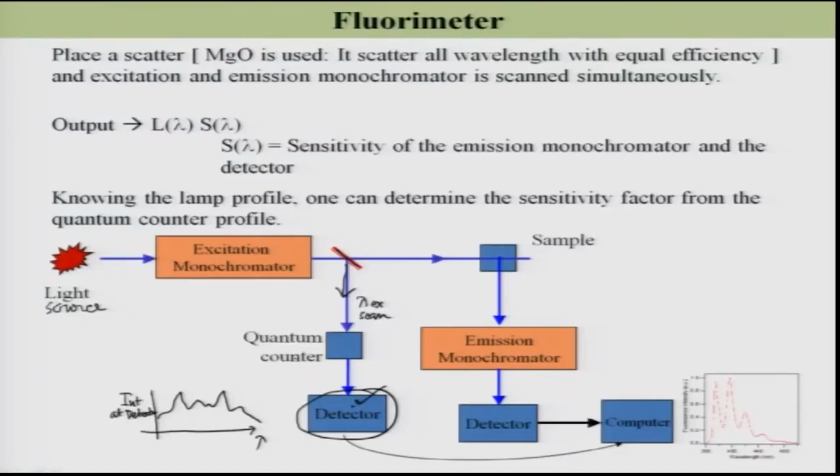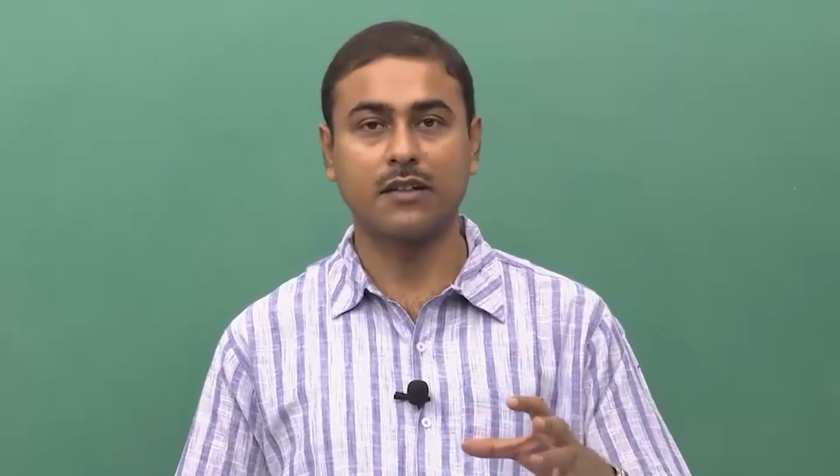I was discussing the measurement of the total emission coming out from a substance where the inner filter effect is highest, the complete inner filter effect. So, no excitation light is passing through the sample. The whole excitation light is being absorbed by the sample, the concentration is so high, and we are going to collect the total emission spectra coming out of this sample.